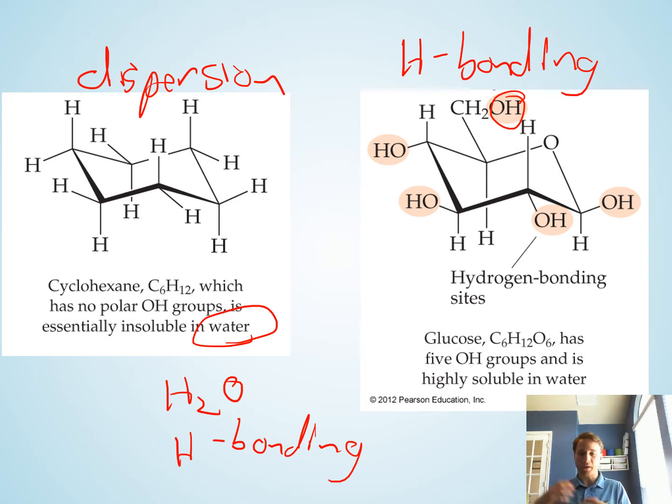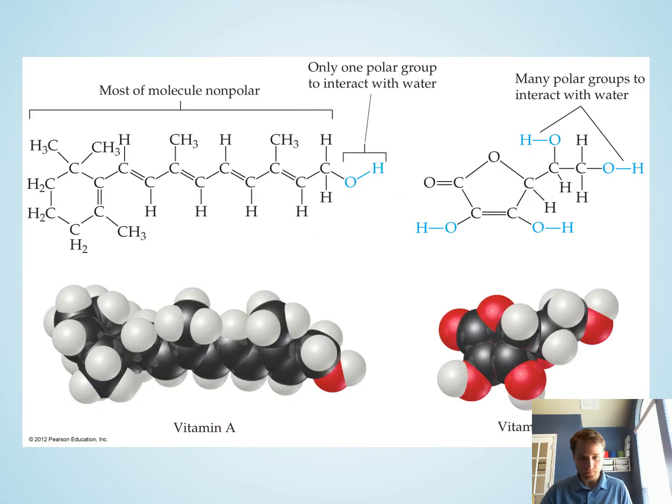And so it's not going to want to break apart to then fit in these weak dispersion intermolecular forces that are involved with cyclohexane. And so cyclohexane will not dissolve in water, while glucose will easily dissolve in water.